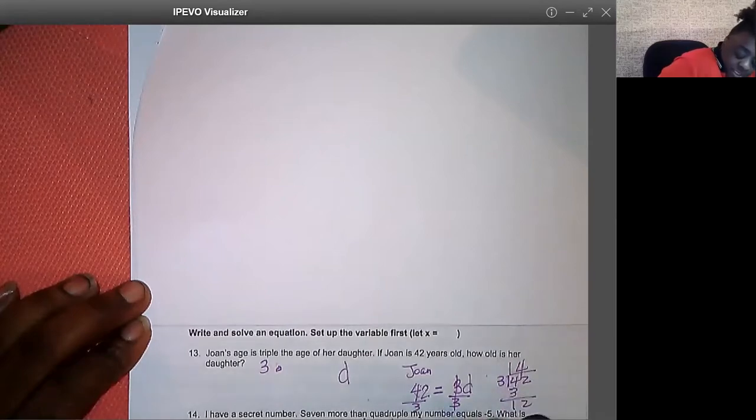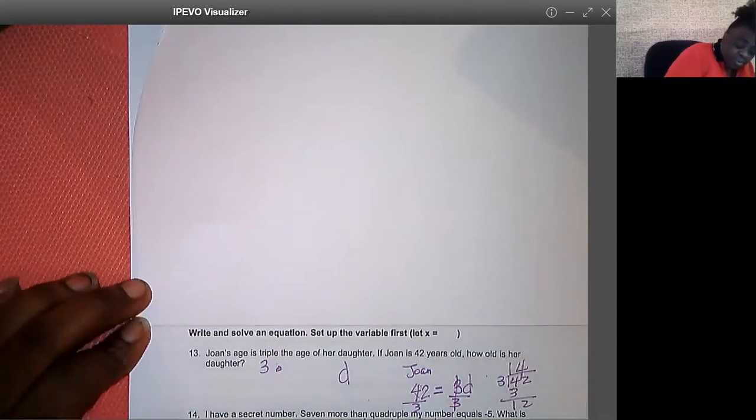So my number is here, and it's 7 more than triple my number. So I would think we would write that as 3n plus 7 equals negative 5.